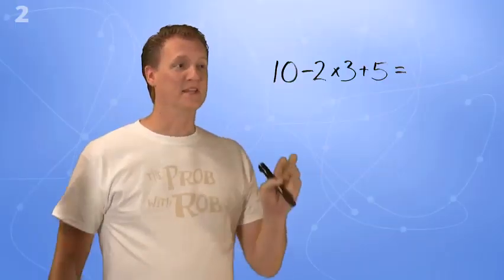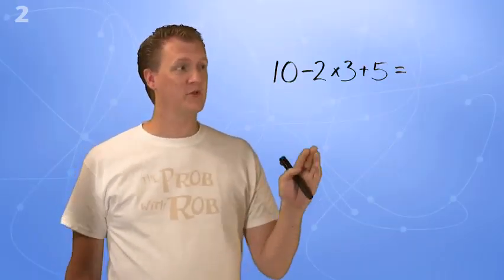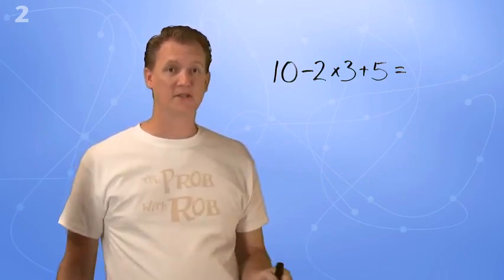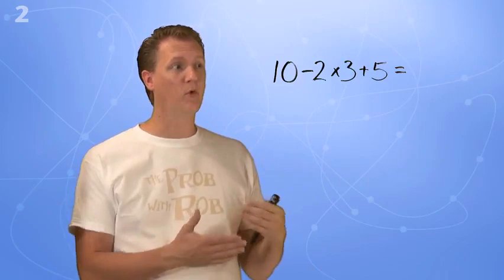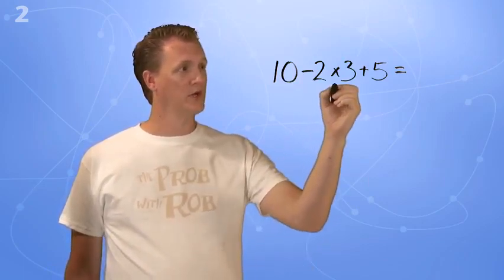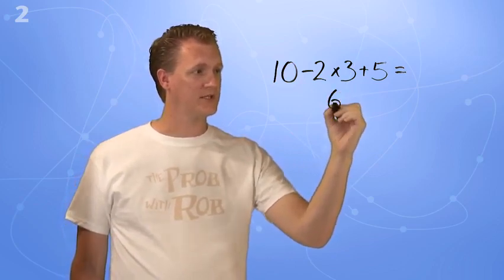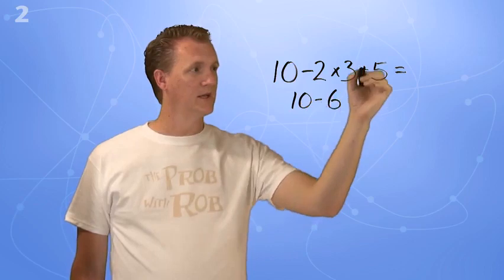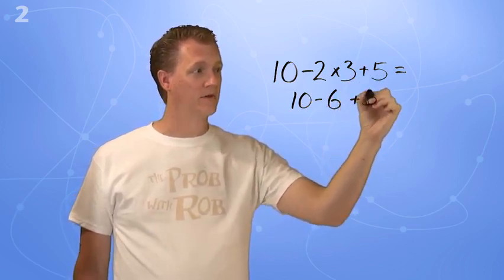So this problem is 10 minus 2 times 3 plus 5. And our order of operations tells us that the multiplication is going to come before the subtraction and addition. So let's do that first. 2 times 3 equals 6. And so we'll bring down the 10 minus, and then the plus 5.